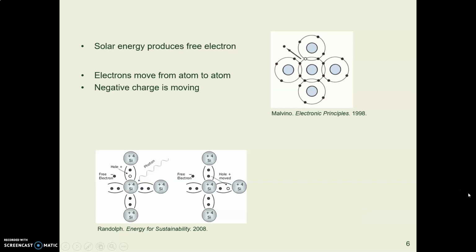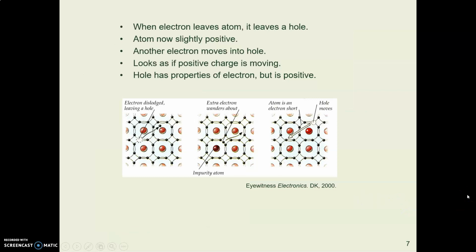So this solar radiation knocks electrons loose, and the electrons move from atom to atom, and so there's a negative charge that's moving. But when an electron leaves its atom, it leaves a hole, it leaves a blank where there should be an electron and now there's not. And so that atom is slightly positive.